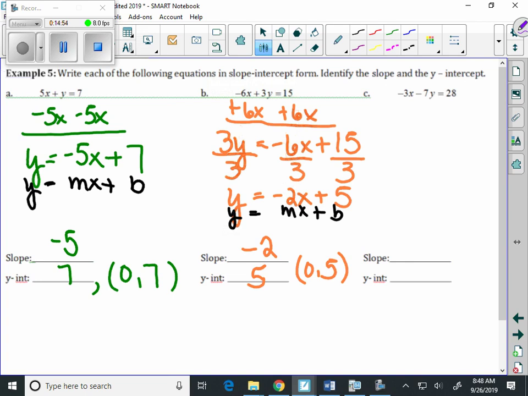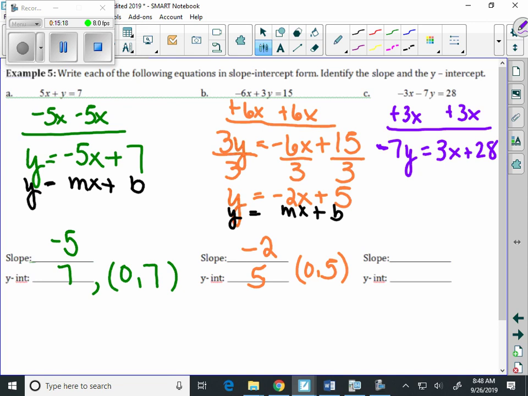On the last one, I'm going to get some fractions in there. That's okay. Solve for y to put the equation in slope-intercept form. So we're going to add 3x to both sides. We get negative 7y equals 3x plus 28.